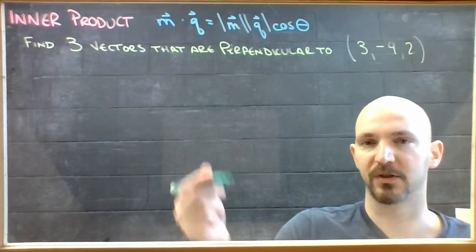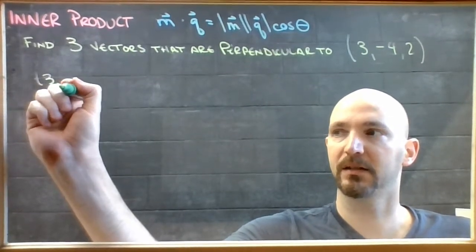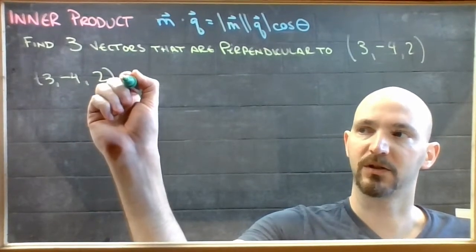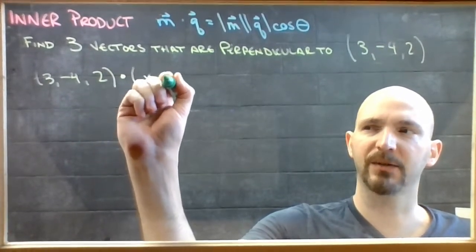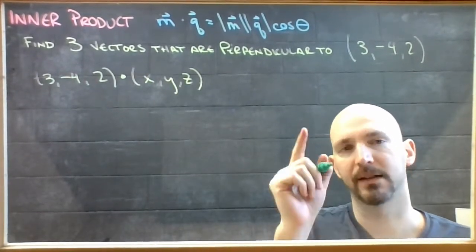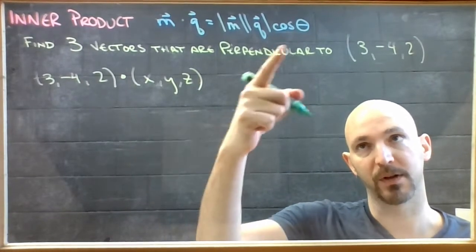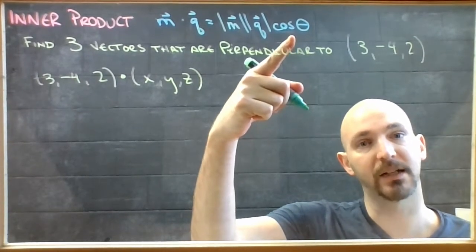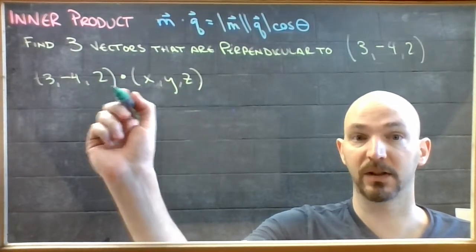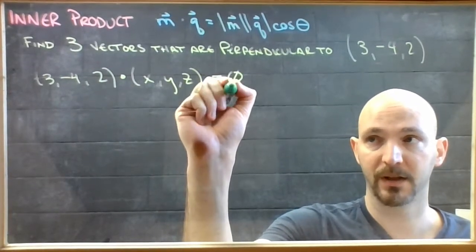I'm going to start with 3, -4, 2, dotted with a vector that I don't know anything about yet, except that I'm trying to make it perpendicular to this. We're going to use the fact that cosine of 90 would be 0. So if this thing is perpendicular to that, then this dot product has to be worth 0.